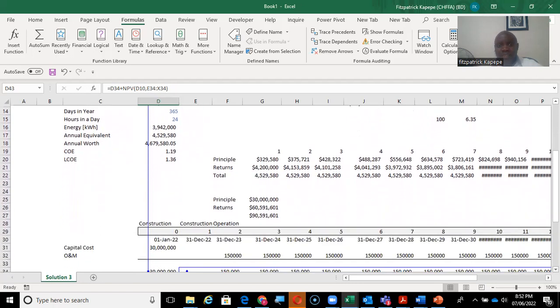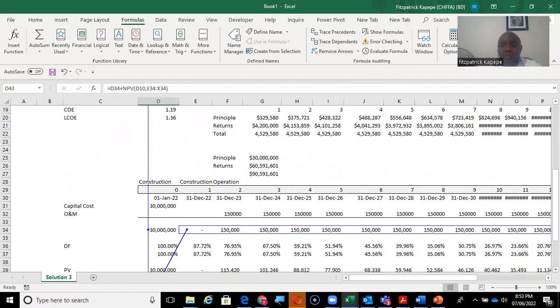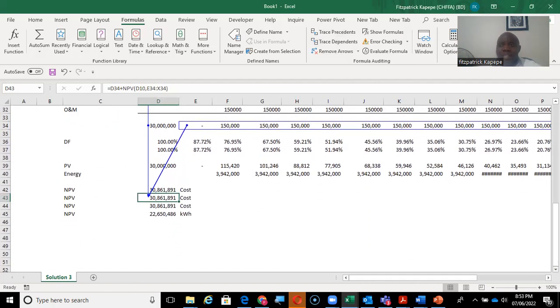So you are saying, because you're using the NPV function, when you look at the NPV function, there's a rate, there's a period, then there's the amounts. So you have your rate and your amounts for your NPV.